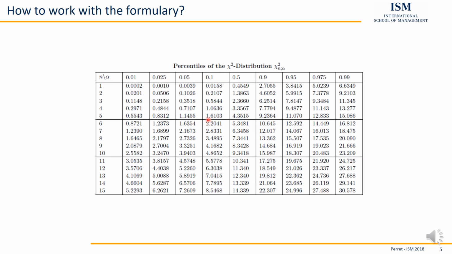So I said the next distribution, the chi-squared distribution, this one works similarly to the t-distribution. So here, the columns, again, give us the certainty, the alpha, whereas the rows give us the degrees of freedom.